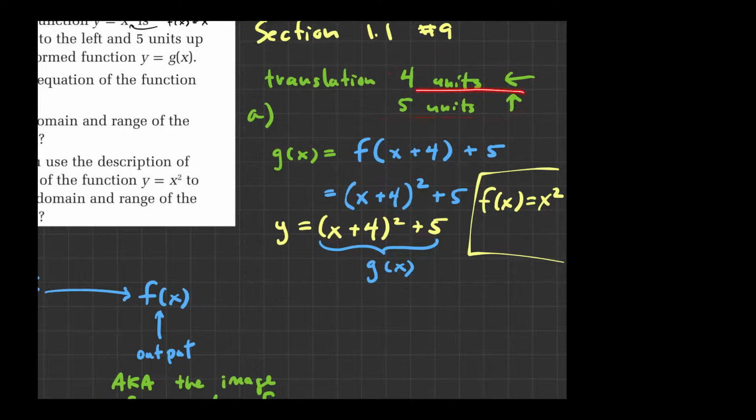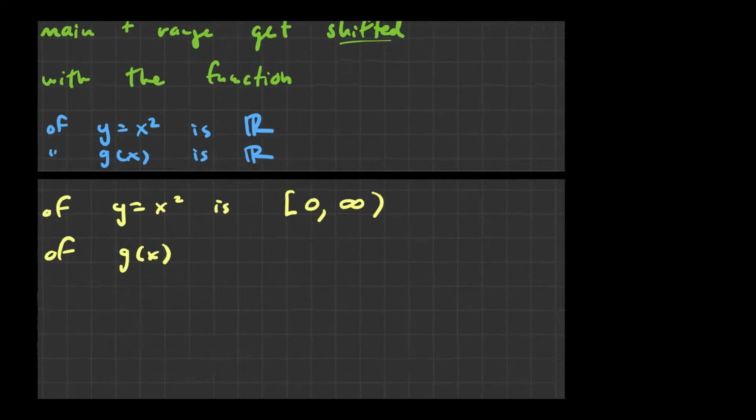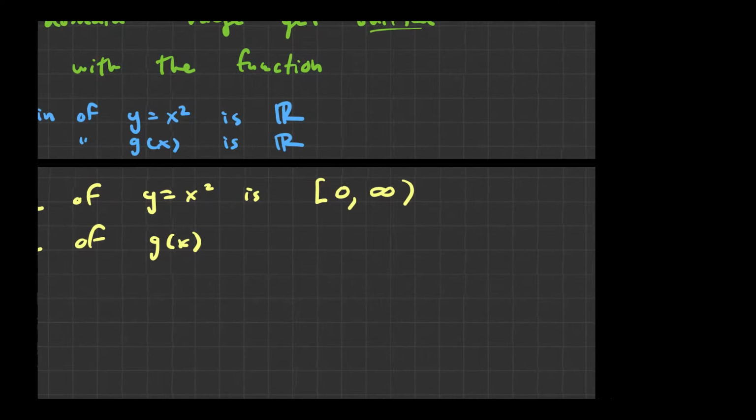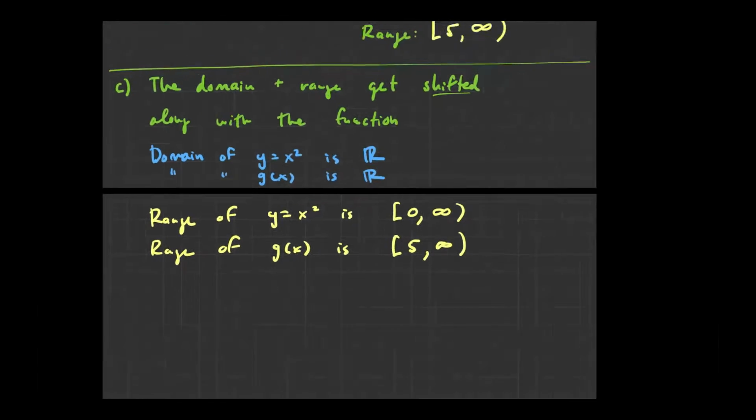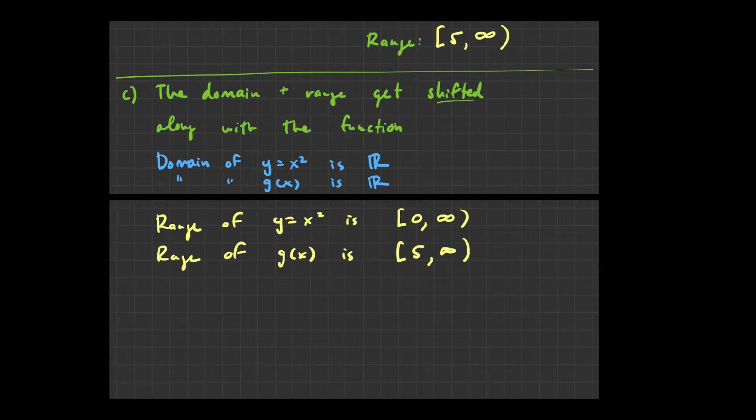So if I've shifted my whole function up by 5 units, that means the range is going to get shifted along with it. So I'm going to move all these values up by 5. So I'm going to go 5 to infinity, right? And infinity plus 5, that's still going to be infinity. So there we go. That's the idea of that question.